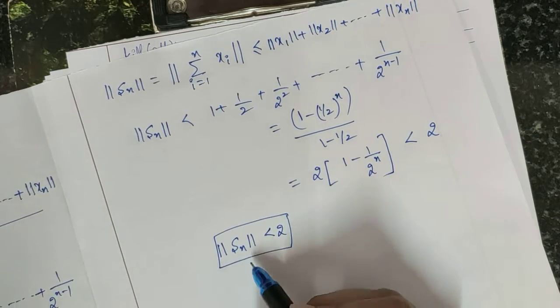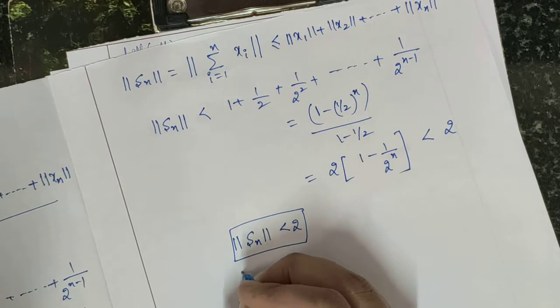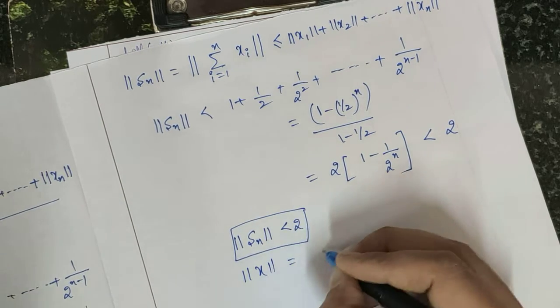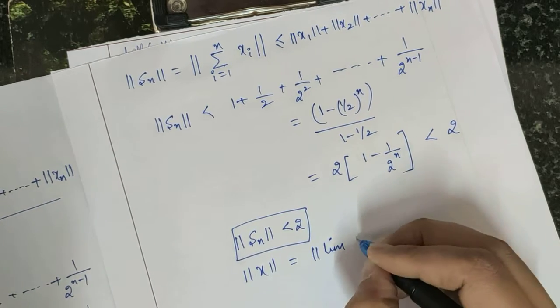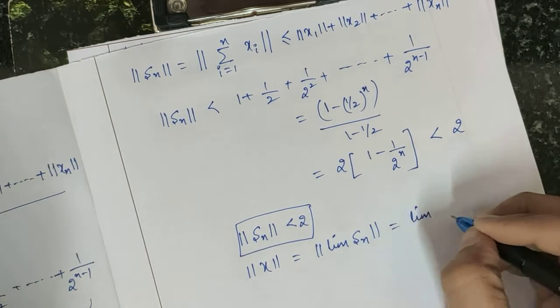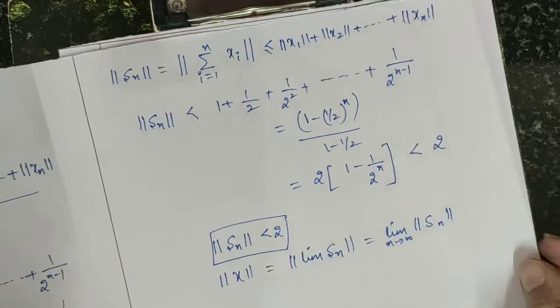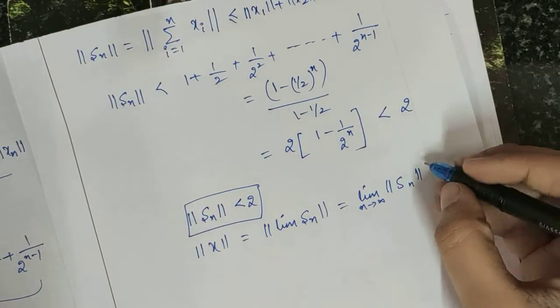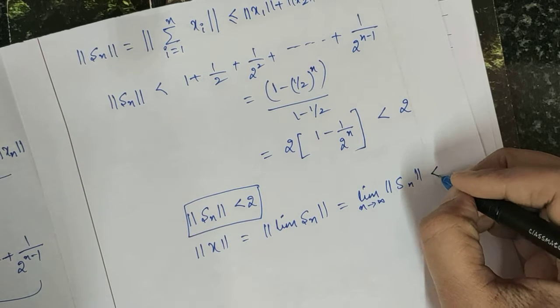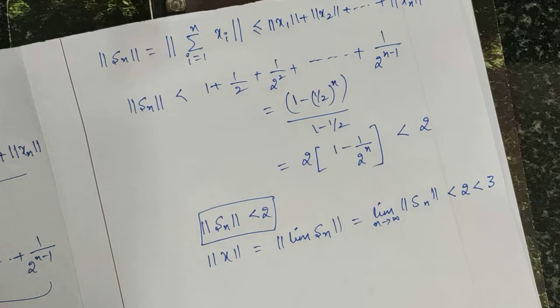Okay, so if norm Sn is less than 2, I can write that norm x is equal to norm limit Sn, and this is equal to limit n tends to infinity norm Sn, and we know that norm Sn is less than 2, so this whole term will be less than 2, also it will be less than 3.